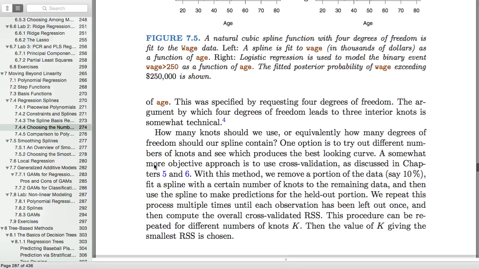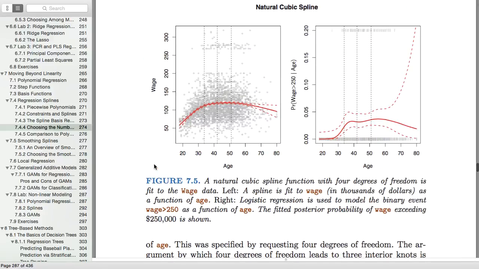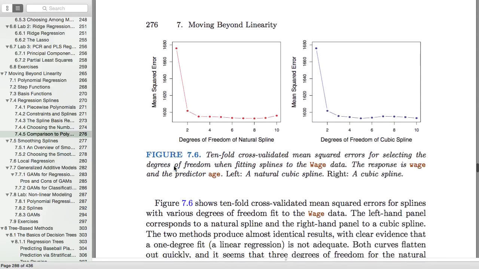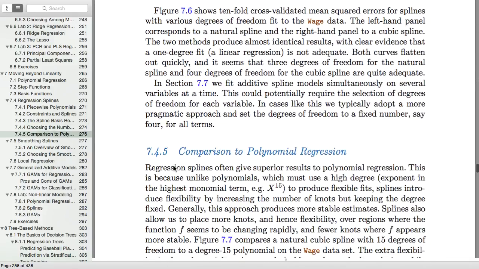I think this is the one that uses 3 knots, so 4 categories. I think there's a knot at each vertical line here. And here's the equivalent of what we saw in the previous section, the logistic regression of age. So we get smooth fits for these curves.